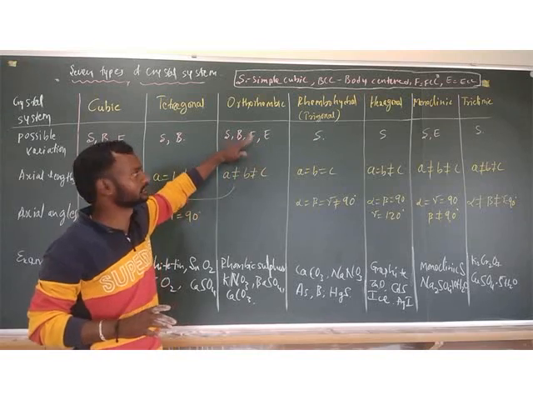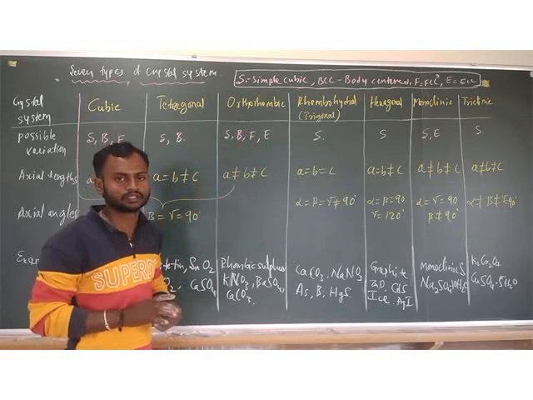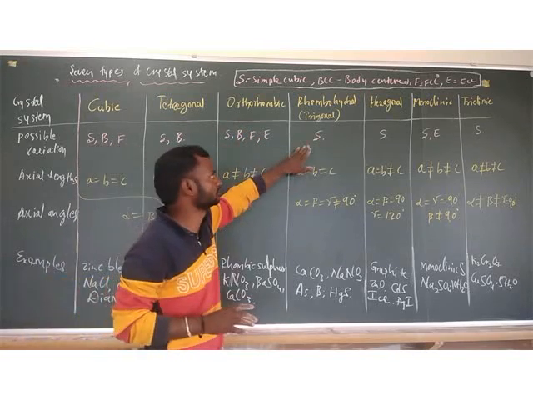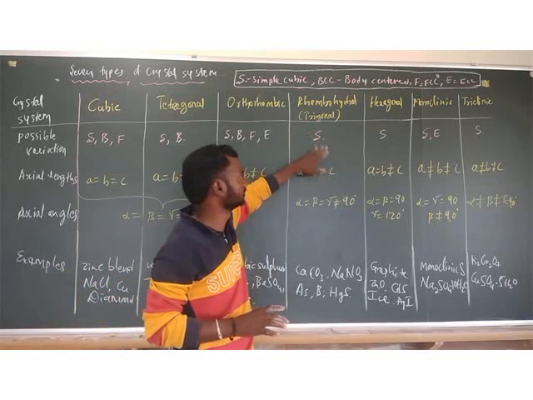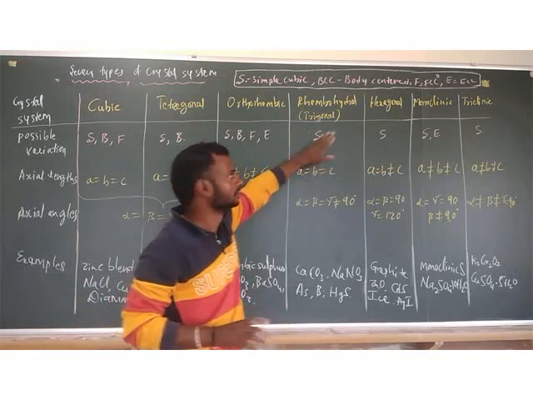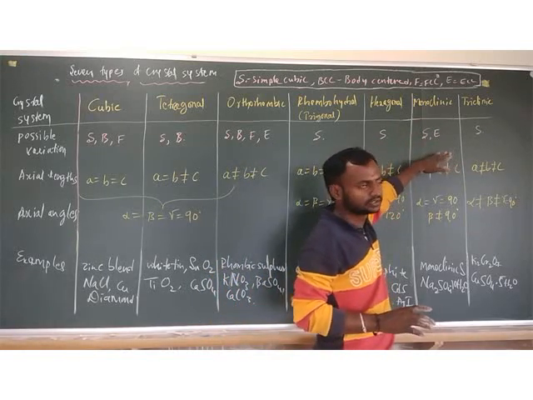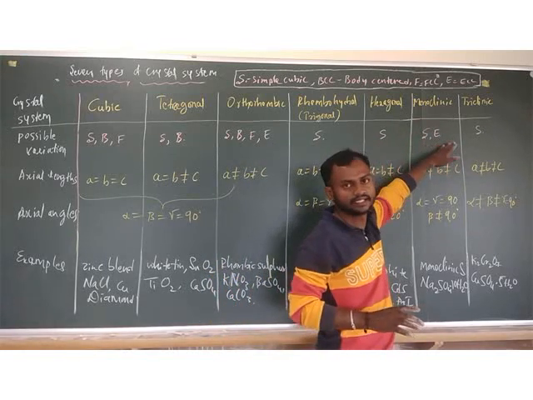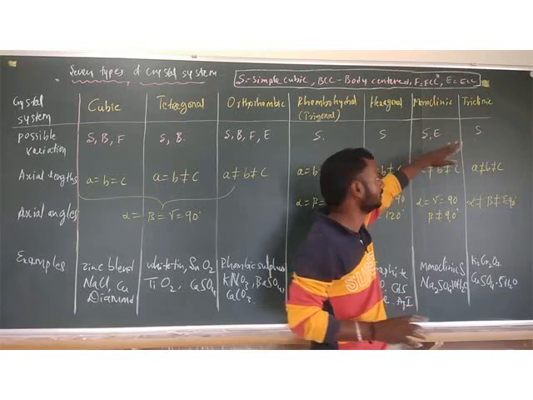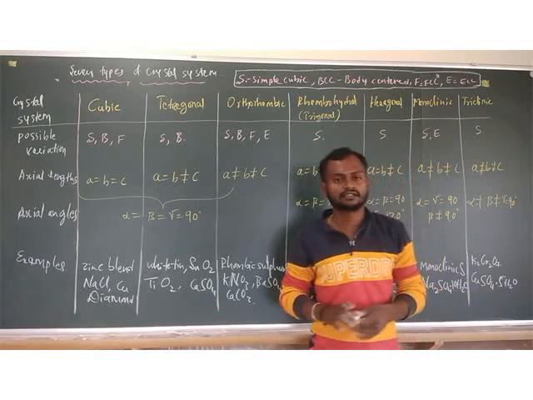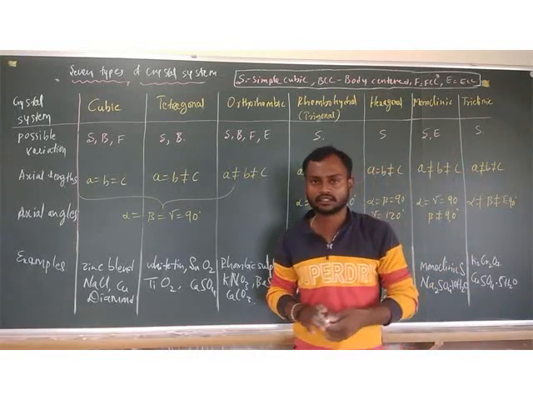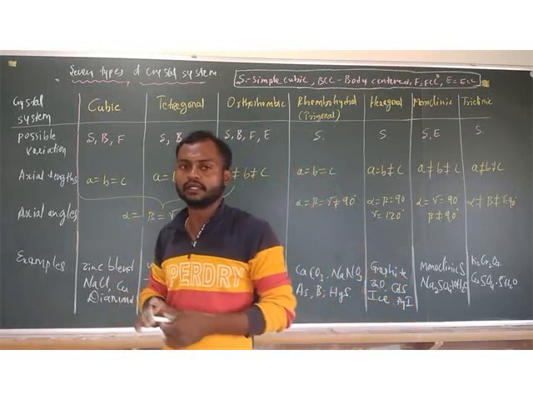So all unit cells are present in the orthorhombic crystal system. And rhombohedral unit cell has only simple, hexagonal has simple unit cell, and monoclinic has simple unit cell as well as end centered unit cell, and last one is triclinic containing only simple unit cells. So these are the possible variations.